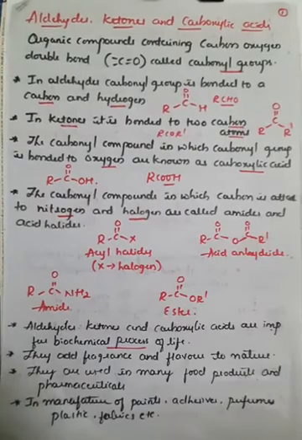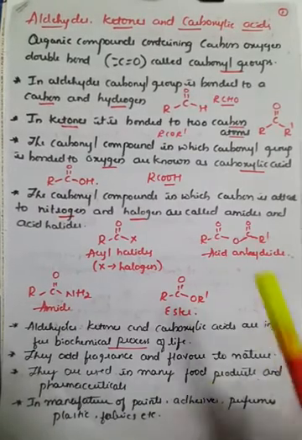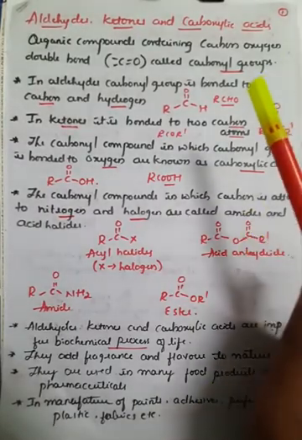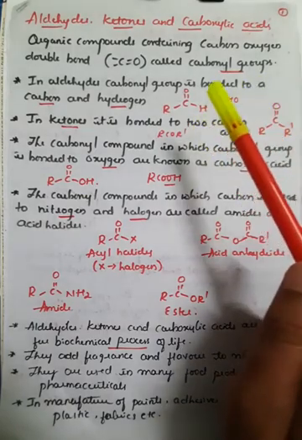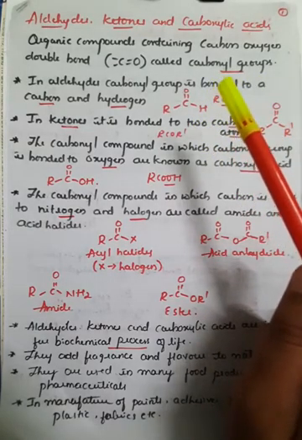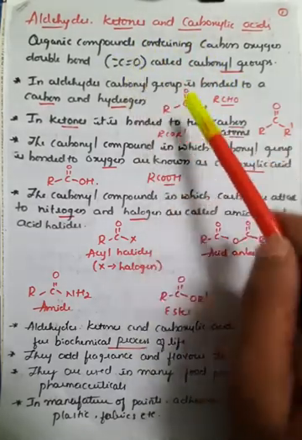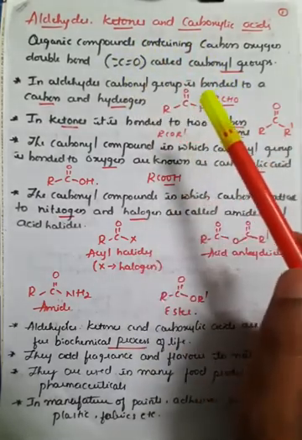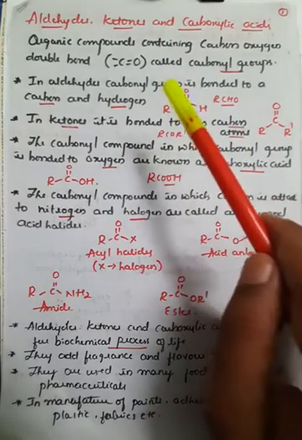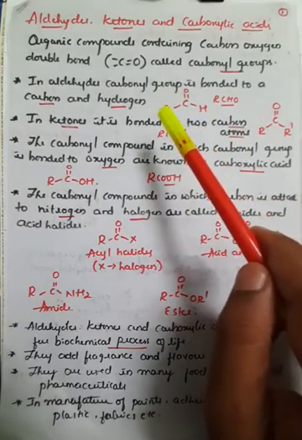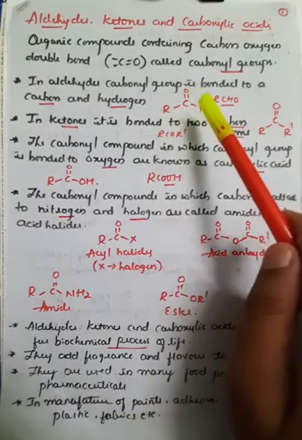Okay, once again we'll quickly recall what we have learned today, that is aldehydes, ketones and carboxylic acids. The main important and interesting thing about all these organic compounds or functional groups is that they consist of a carbonyl group, but further attachment of the carbonyl group to different kinds of molecules makes them aldehydes, ketones and carboxylic acids, right? So in case of aldehydes, what happens?